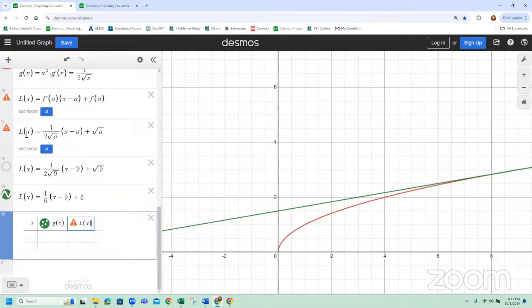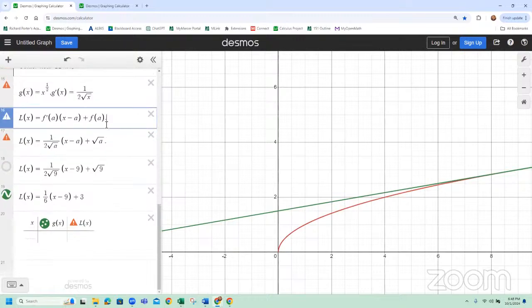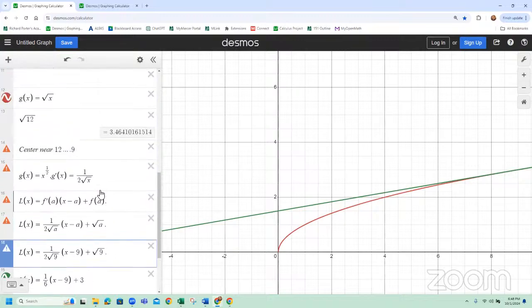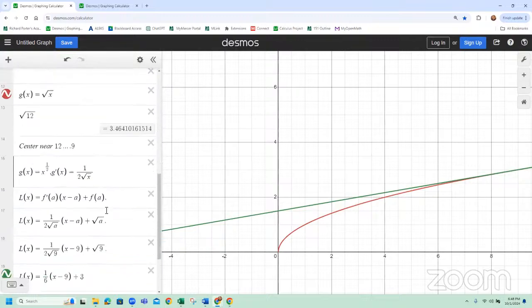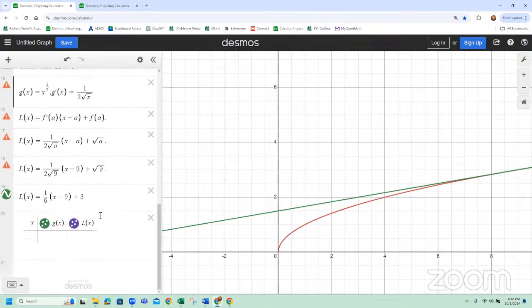And I'm going to add one more column to see what the difference is between the function and the local linear approximation.